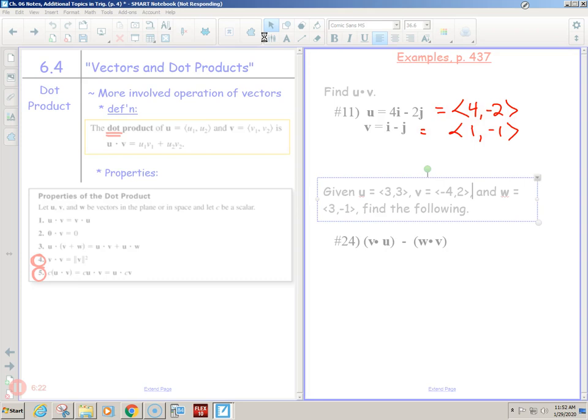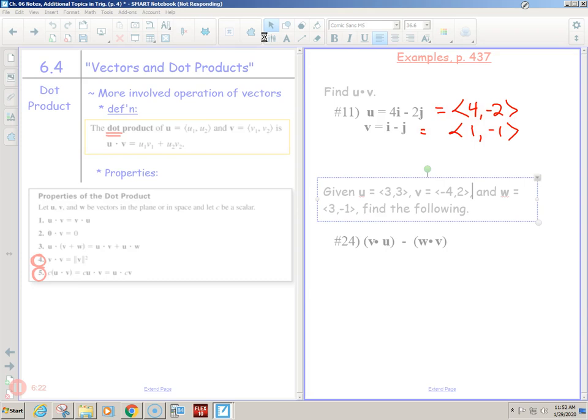But if you guys look over there, if I was to color code, wouldn't U1 times V1 come from the first two numbers in the component forms? And then wouldn't U2 and V2 come from the second two numbers? So check it. I want you guys to go ahead and put U dot V, because that's what we're trying to find.